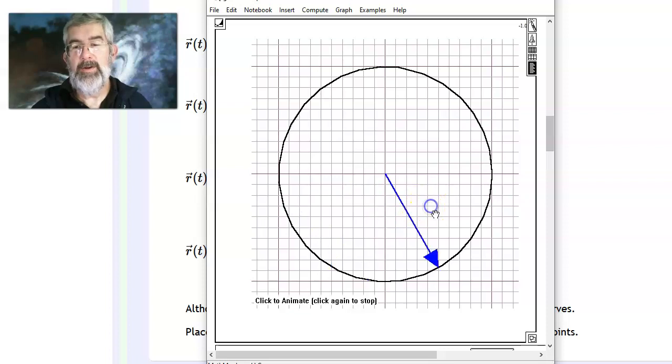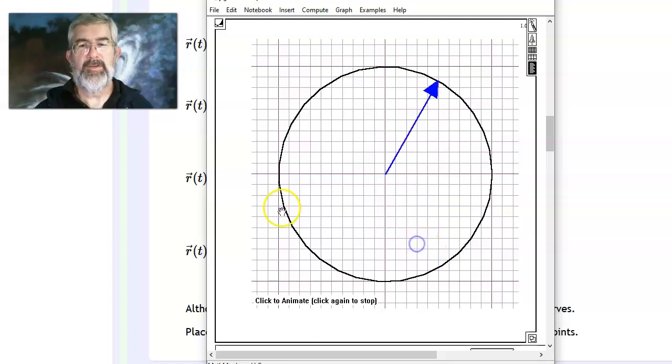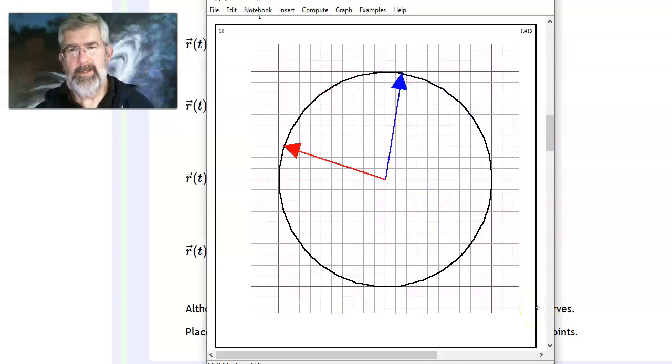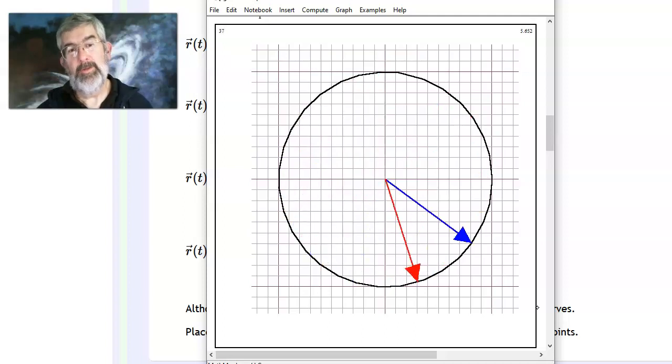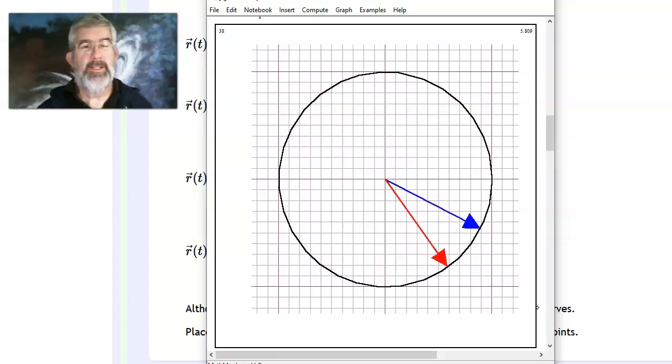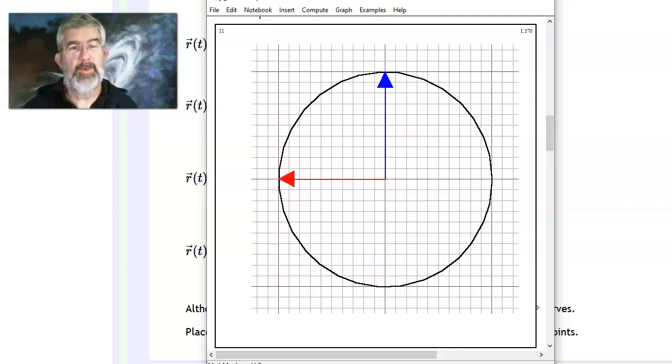What I want to do now is trace it out in another fashion. I'm going to leave the blue vector there and add in a red vector, which will still trace out the circle, but do it in a different way. So here we go. What do you see here? I slowed it down a little bit, but the red vector is tracing out the circle twice as fast as the blue one.